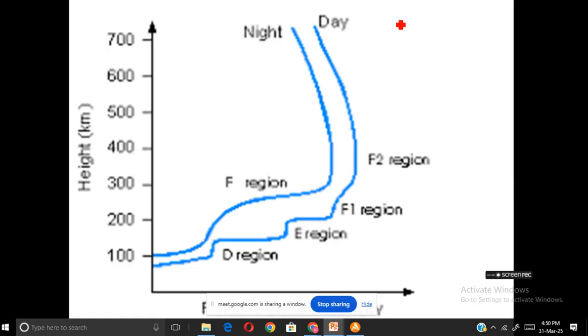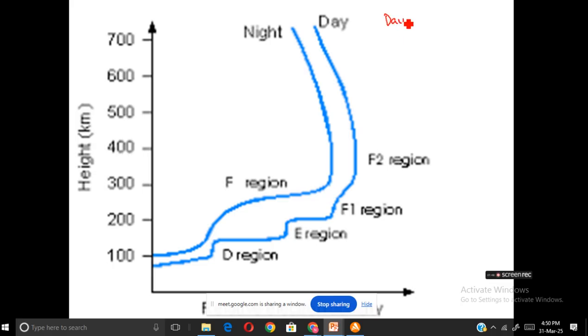During the daytime there is sufficient availability of solar radiation, so more photoionization takes place, and all four layers are present very distinctly. Whereas during nighttime there is no availability of solar radiation, so many of the layers disappear, and the layers become less distinct and weaker.